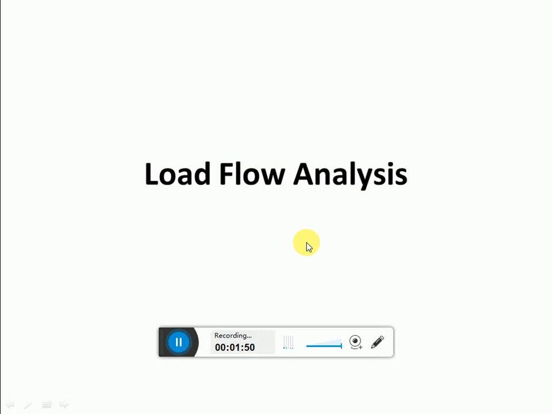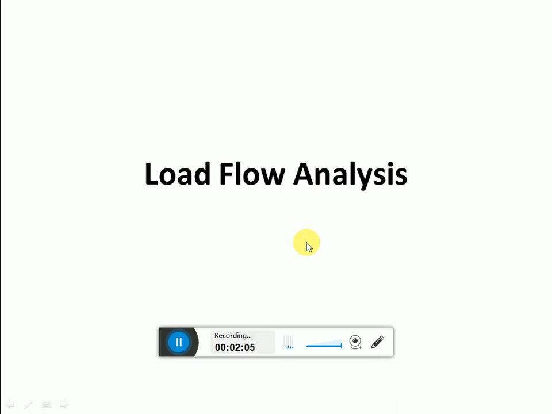And once we know the line power flows, then we will be able to get the total system losses in the network.